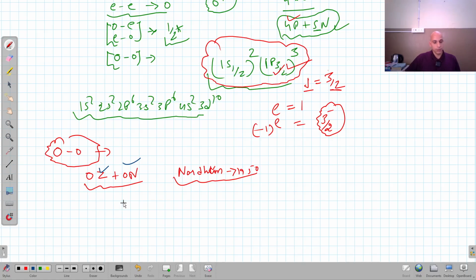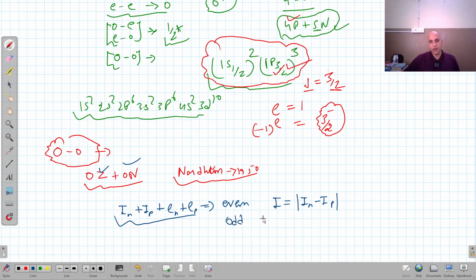So in this case, first of all I will write jN plus jP, plus L of neutron plus L of proton. If it is even, then spin will be given as the modulus of jN minus jP. But if this number is odd, then I is equal to jN plus jP, right?